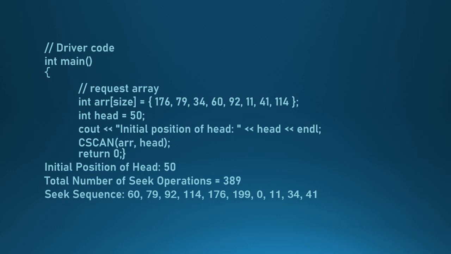Total number of seek operations is 389. The seek sequence is 60, 79, 92, 114, 176, 199, 0, 11, 34, 41. So this is the code for C-SCAN scheduling.